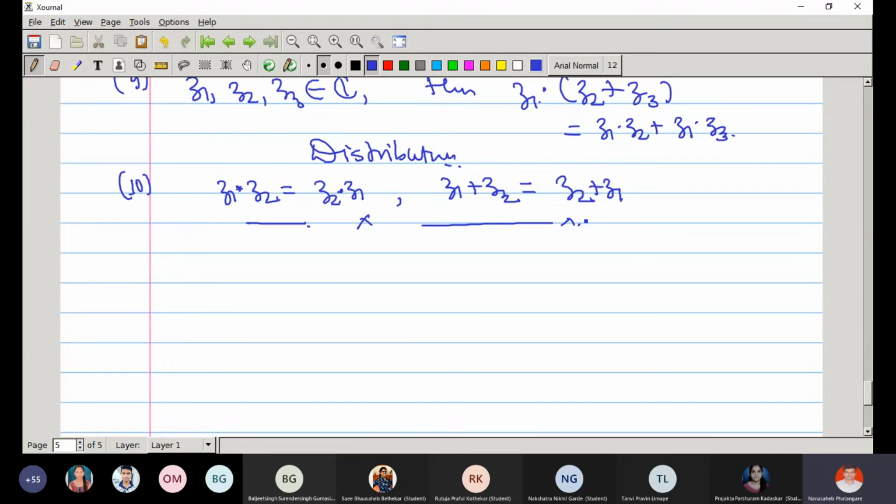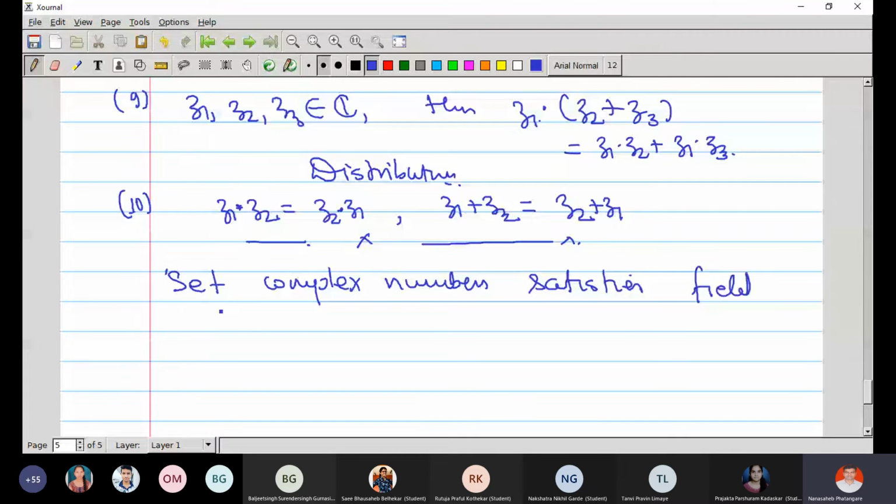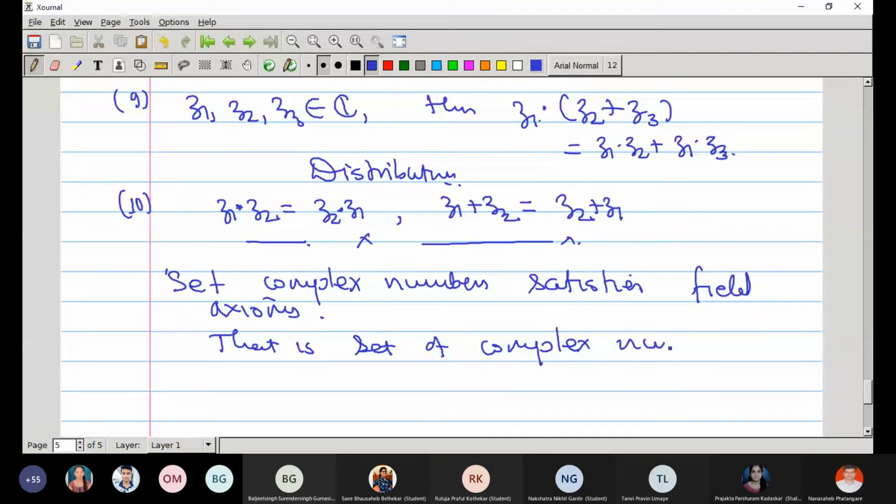Fine. So, like real numbers, the set of complex numbers satisfies field axioms. That is, the set of complex numbers is a field.